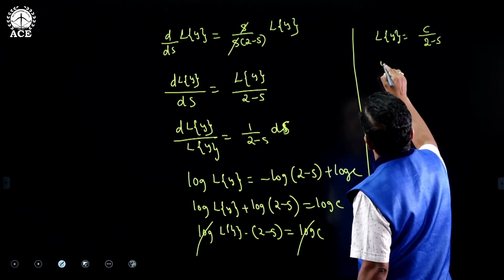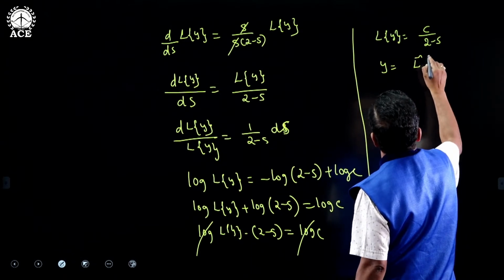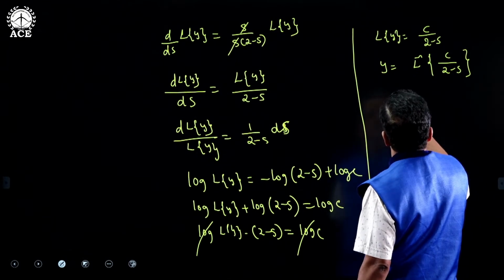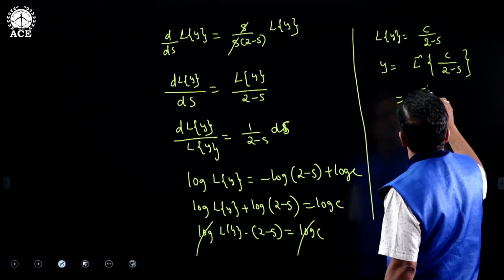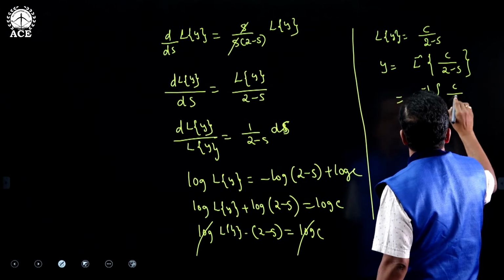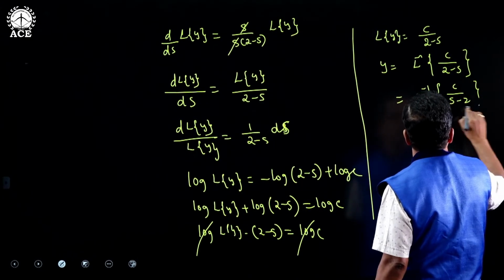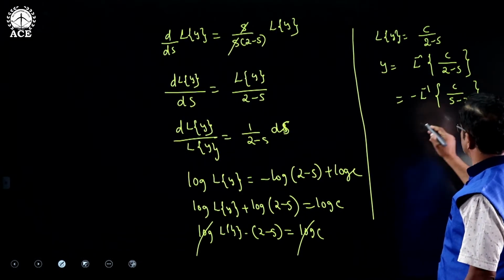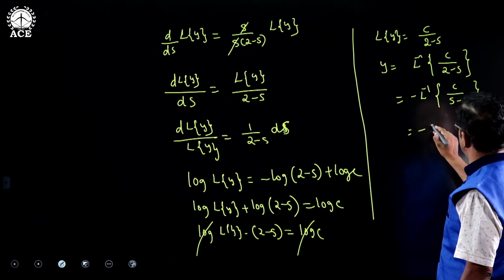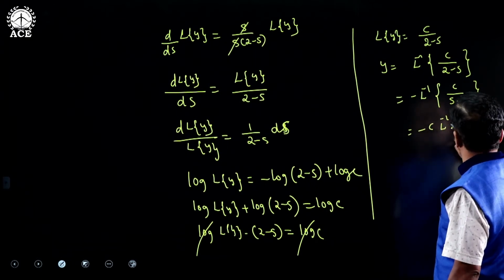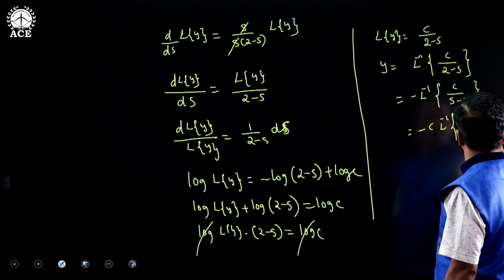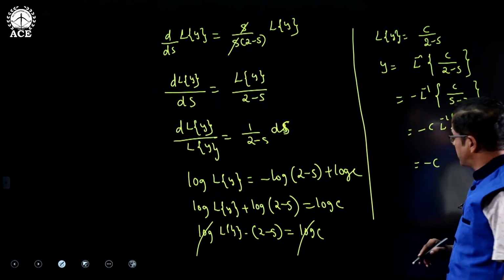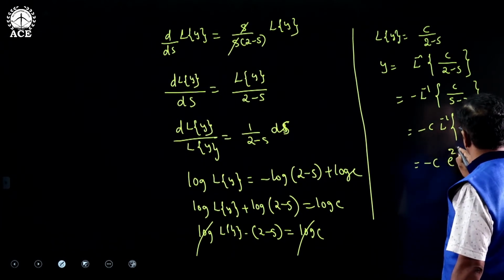So then y equals L inverse of c by 2 minus s, which is equal to L inverse of c by s minus 2 followed by minus. I am writing 2 minus s as minus into s minus 2, which is equal to minus c, also you bring out, L inverse of 1 by s minus 2, which is equal to minus c into L inverse of 1 by s minus a is e power at, means e power 2t.